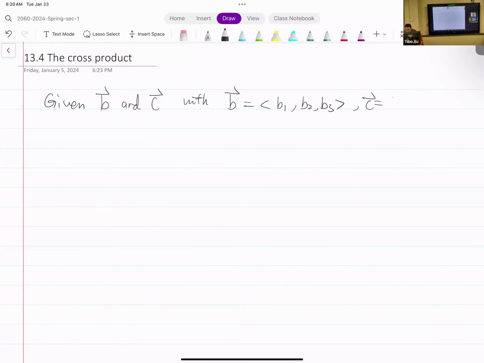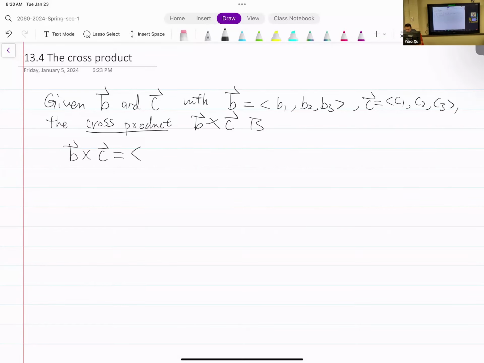C is the vector C1, C2, C3. The cross product B cross C is defined by the following equation.